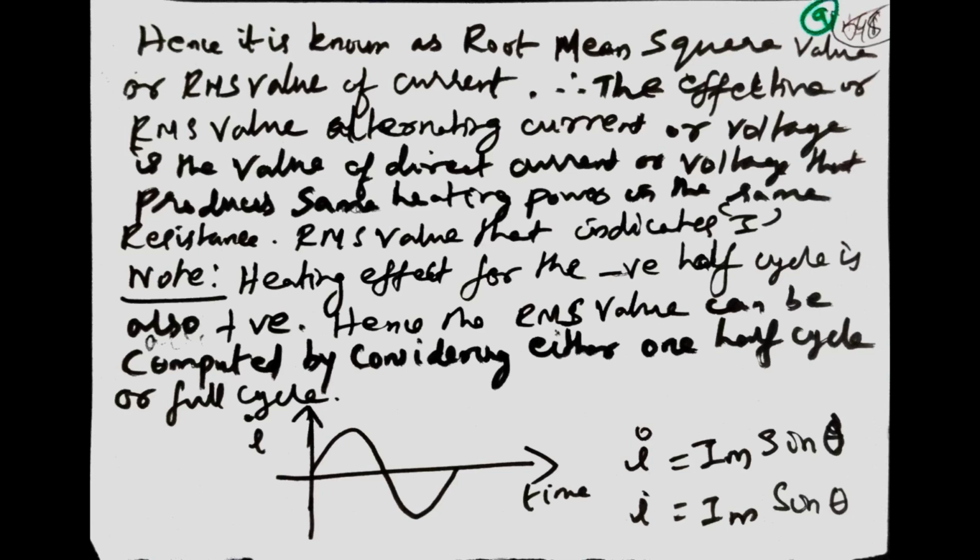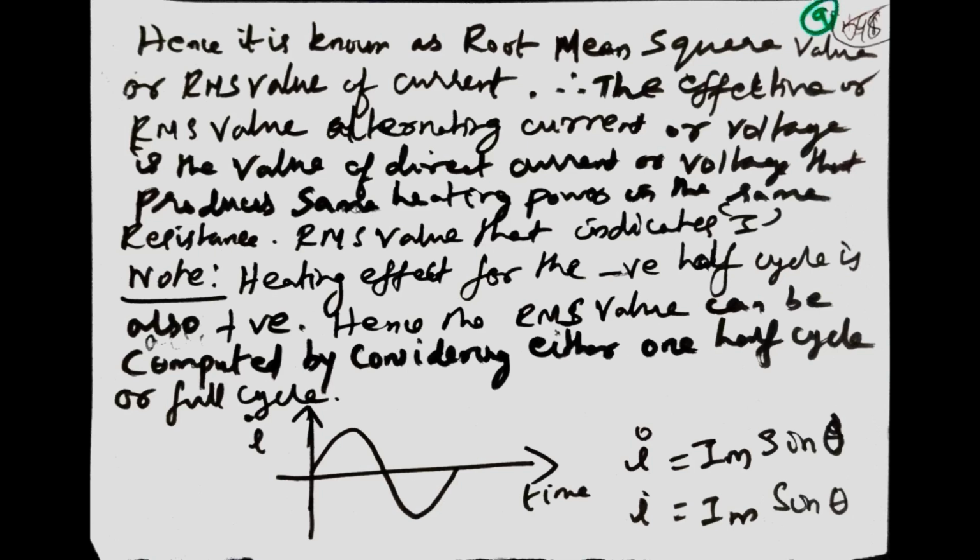Therefore, the effective or RMS value of alternating current or voltage is the value of direct current or voltage that produces the same heating power in the same resistance. The RMS value is indicated by capital I. Note, the heating effect for the negative half cycle is also positive. Hence, the RMS value can be computed by considering either one half cycle or the full cycle.